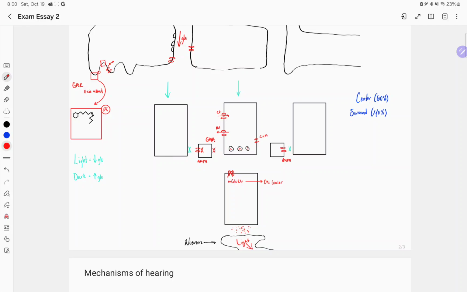So if no GABA is released, then these channels stay closed, calcium comes in, and will release glutamate. And then, of course, if you have mGluR6 here, it's on center, but if it's AMPA, then it's off center.